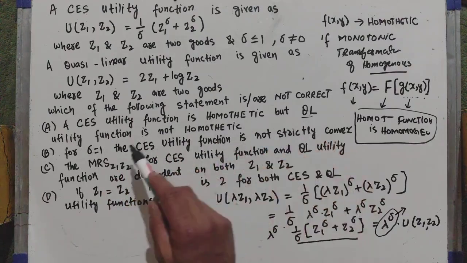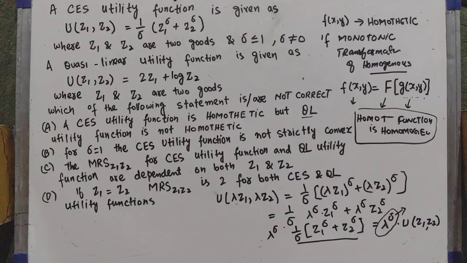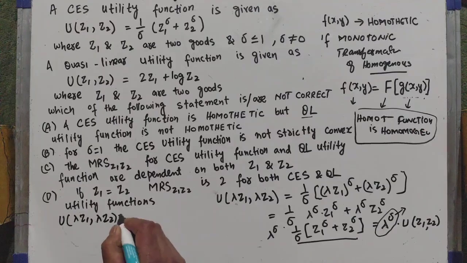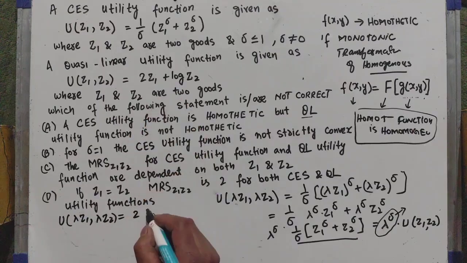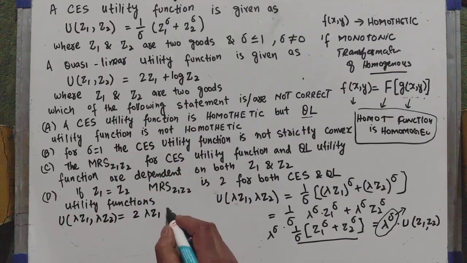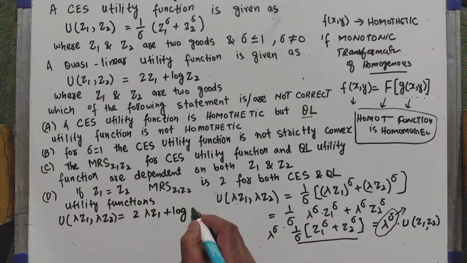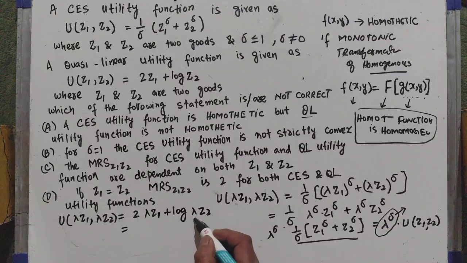What about the quasi-linear utility function? Let us see whether the quasi-linear utility function is homothetic or not. So let us increase both z1 and z2 by lambda. So we have u of lambda times z1, lambda times z2 equal to twice, in place of z1 we have lambda times z1, plus log of lambda times z2. Can we factor out lambda here? No, we cannot factor it out because it is inside the log with z2.